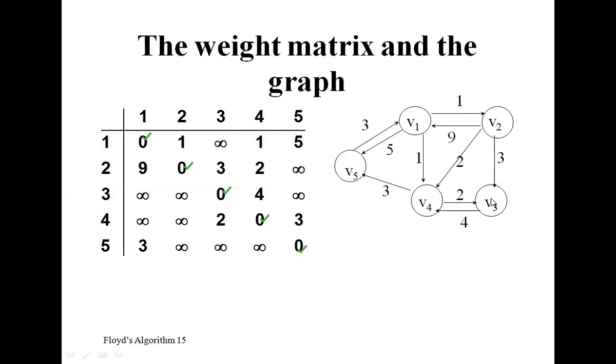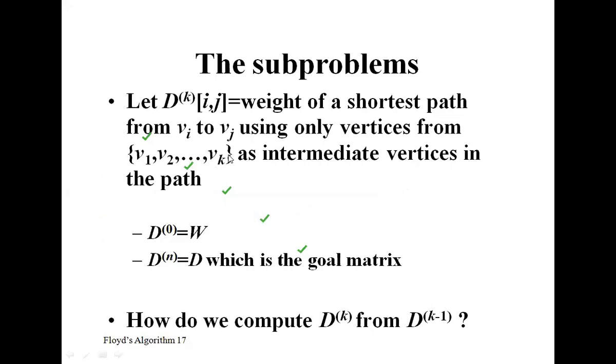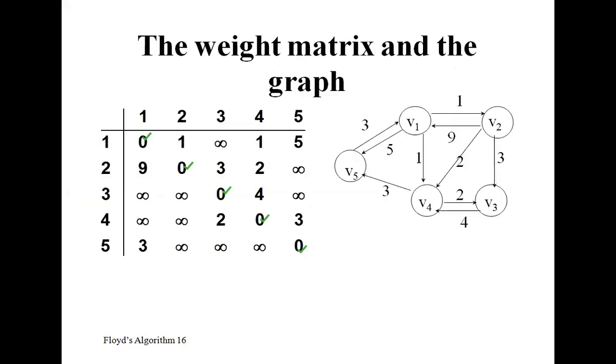Since there is no direct edge, from 1 to 3 we wrote infinity. You need to write the infinity. So again 1 to 4, check it. 1 to 4, 1. 1 to 5, 5.